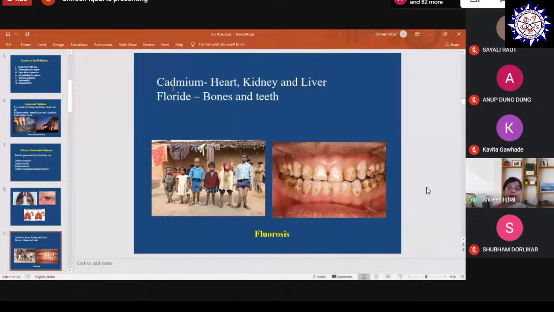The next one, that is the cadmium. Now when this cadmium is cut in the factories, its particles also mix in the air and cause heart disease, that is cardiovascular disease.